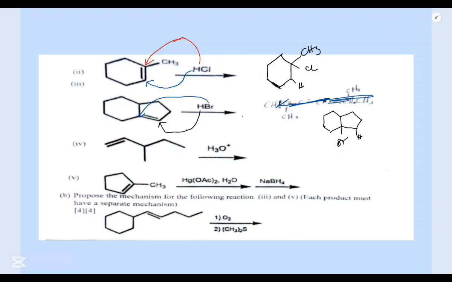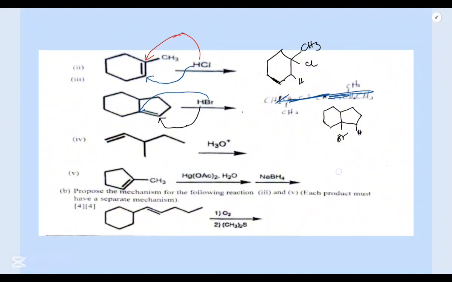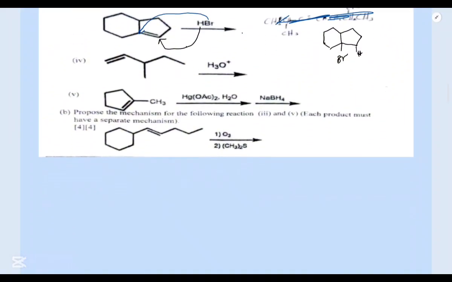So here, this is the acid. That bond will come and get the hydrogen.